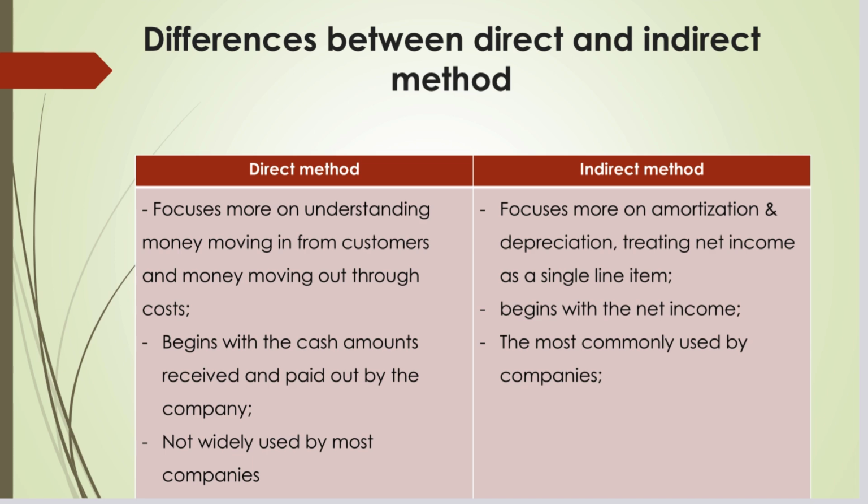In the direct method, we begin with the cash amount received and paid out by the company. In the indirect method, we begin with the net income. The direct method is not widely used by most companies, but the indirect method is the most commonly used. It means the company chooses to use the indirect method.